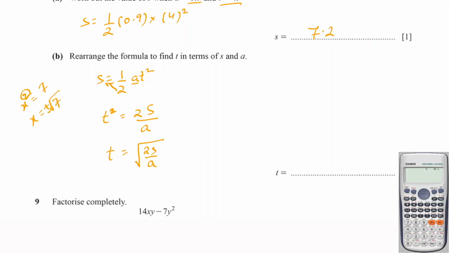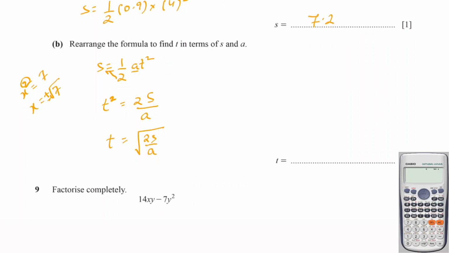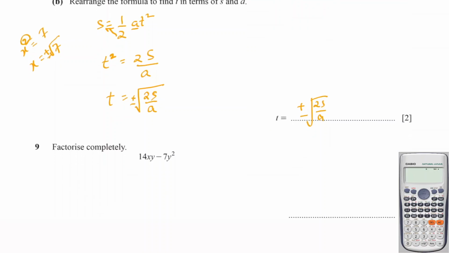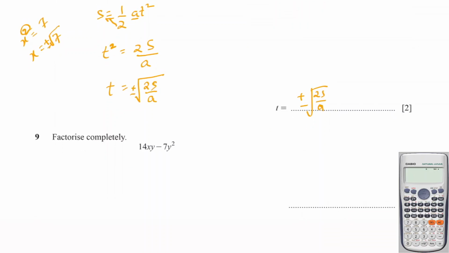It is only the case of square root, because we'll be having two solutions, so we will place plus as well as minus. So our answer will be plus the root of 2S by A, and again we will be having a negative of the root of 2S by A. That's why we wrote plus and minus.